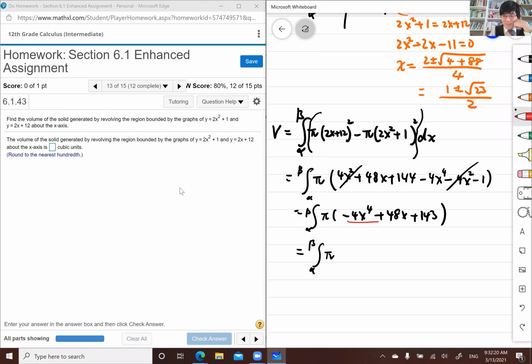You can integrate this one without difficulty, but the issue is you're going to plug in these ugly numbers later, which is something I want to avoid if I had to do it by hand. So maybe factoring might be better. Square minus square, so it's going to be addition and subtraction.